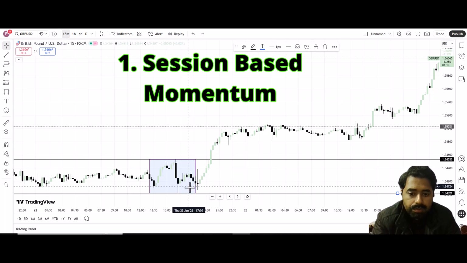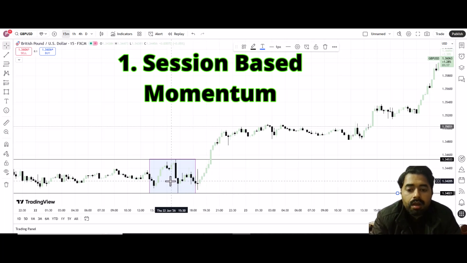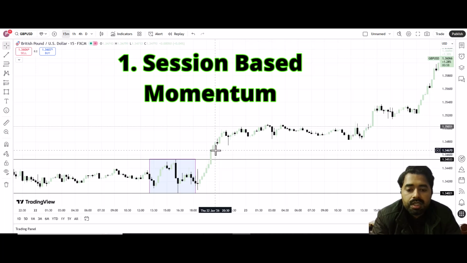So here the British pound to dollar just initiated an upside momentum, breaking out of the range, that was the high of the day, the high during the London session, and it broke out during the New York session. So here was your buy position.